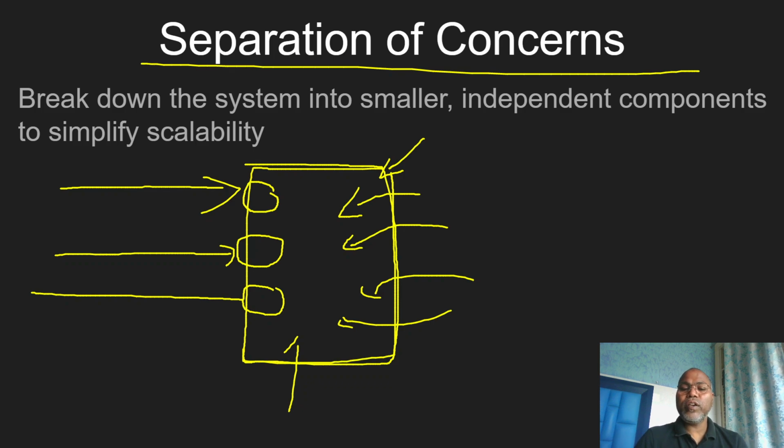If you design such a system as just one microservice, one server, one code base, one component, it's very hard to scale. If you are scaling, you are losing lots of cost.